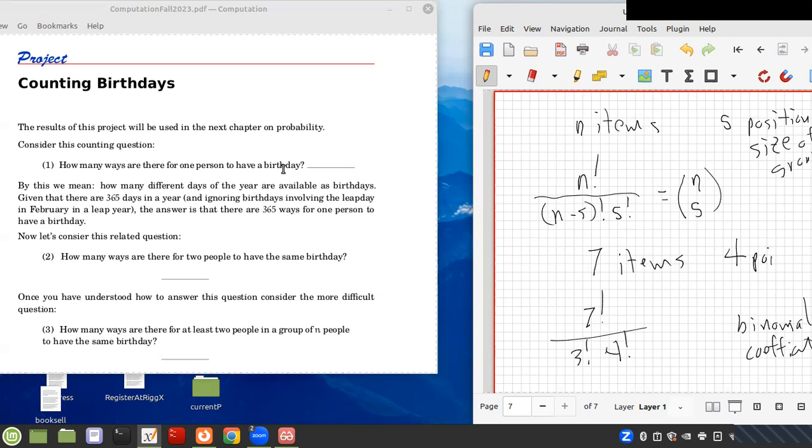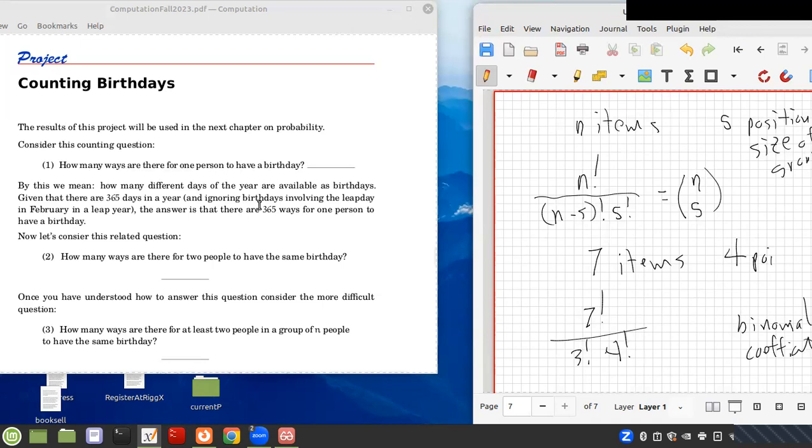There's 365 days in the year. So that means there's 365 different birthdays. So if someone came in and you were to guess their birthday, there'd be 365 possibilities, right?